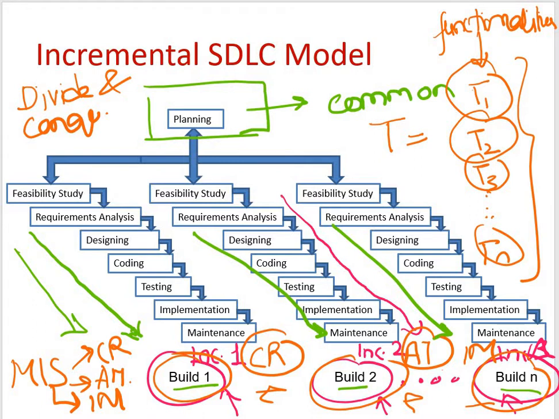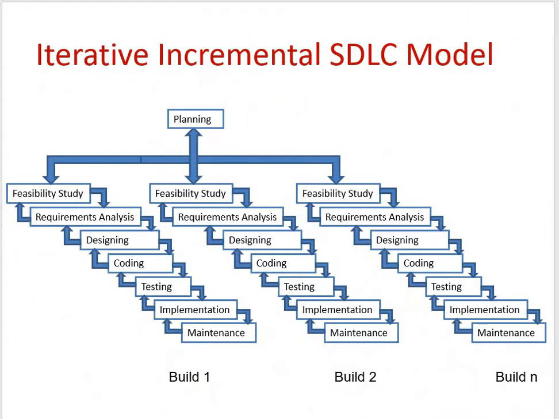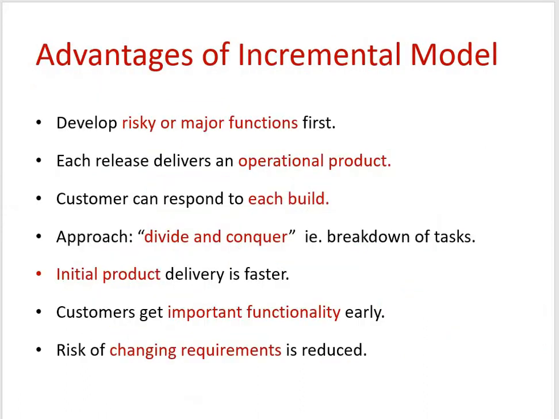Then further we can bring a slight change, that I bring in this iterative nature. That means I have the incremental nature in the form of builds or increments, and then I brought in the iterative feature as well.